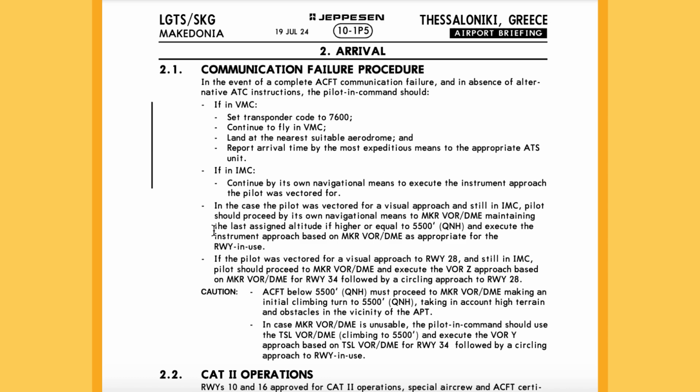So don't forget that if you're ever flying to an airport that has a lost comms procedure, which most major ones do, make sure you read through it and you follow it as you should. For when to begin the approach, usually you just read the comms failure procedure, and then you just execute it, as the ATC will make sure to get all the traffic out of your way to the best of their ability.